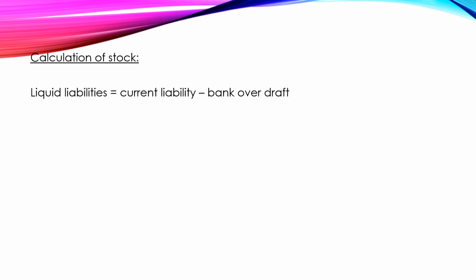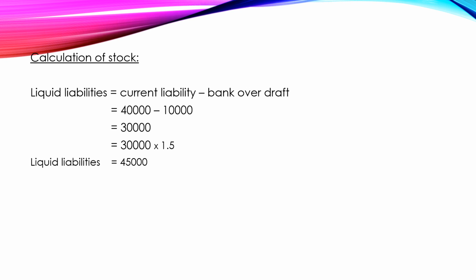Next, we are going to calculate the stock value. Calculation of stock. Liquid liabilities is equal to current liabilities minus bank overdraft. Current liabilities value 40,000 minus bank overdraft value 10,000 is equal to 30,000. Now we multiply by the working capital, 30,000 into 1.5.